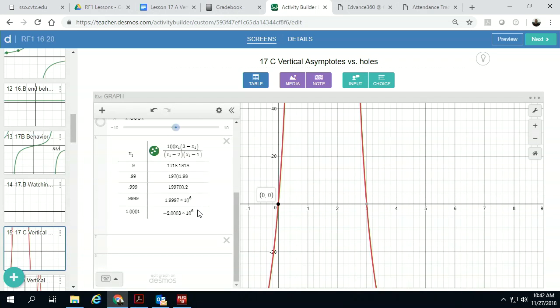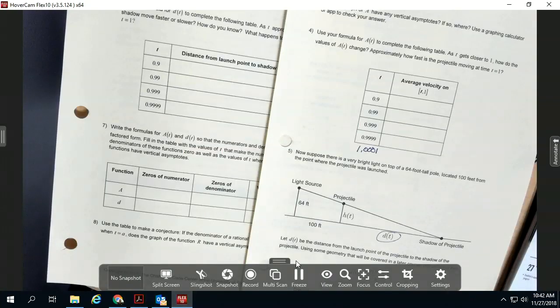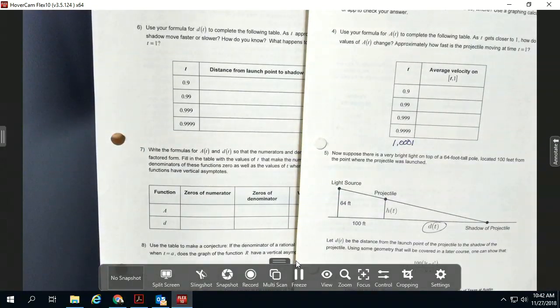How is this table different from the table on page 240? That's what we want to notice for our notes. How are these two tables different? Here's the difference.